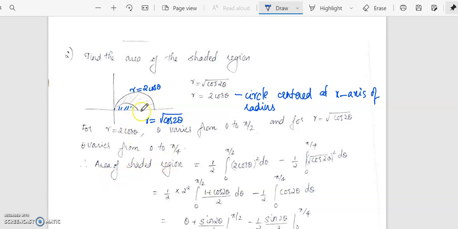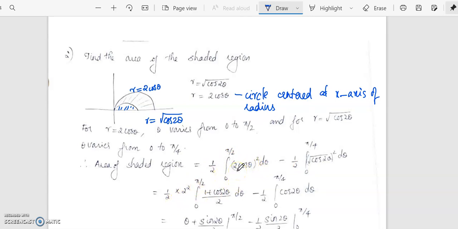So therefore the area of the shaded region will be integral 0 to pi by 2 1 by 2 r square, so 2 cos theta whole square d theta, minus 1 by 2 integral 0 to pi by 4 root of cos 2 theta whole square d theta. So upon squaring we will get 1 by 2 into 2 square.